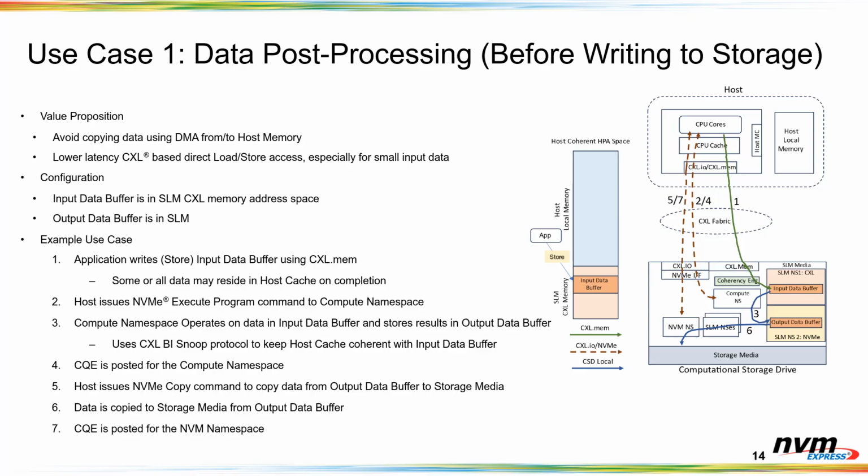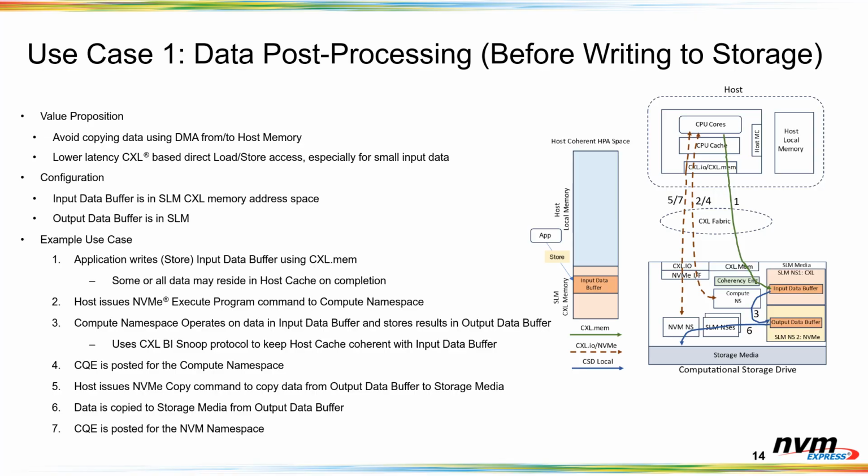The value proposition of this use case is that we avoid copying data using DMA, and we'll take a look at how we avoid that copy, and take advantage of lower latency CXL-based direct load store access, which, like I mentioned, is especially beneficial if you have small input data.